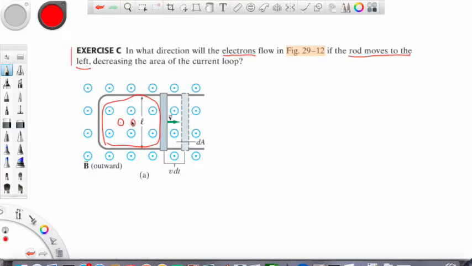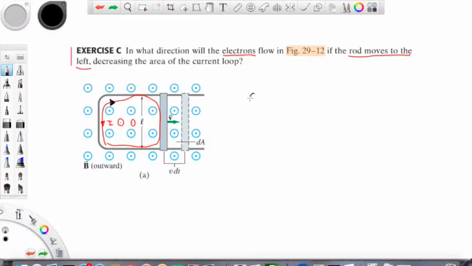And according to the right-hand rule, the current would then flow counterclockwise. But the question is, what is the direction of the electrons? The direction of the electrons is always against the conventional current. So in that case, the flow of electrons would in fact be clockwise.